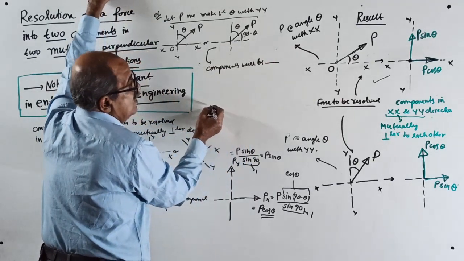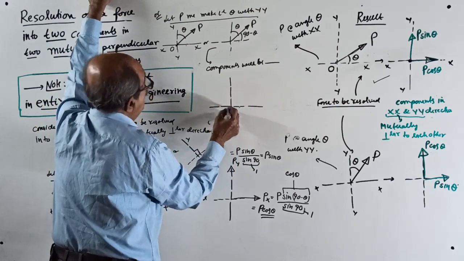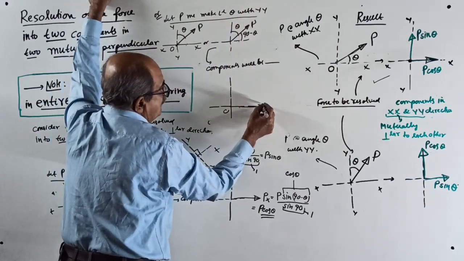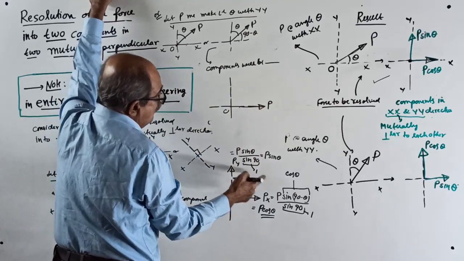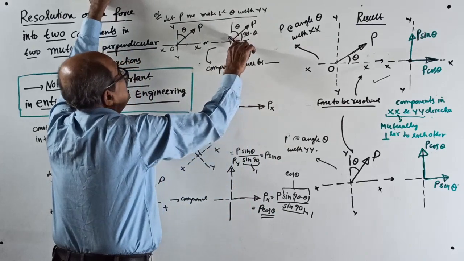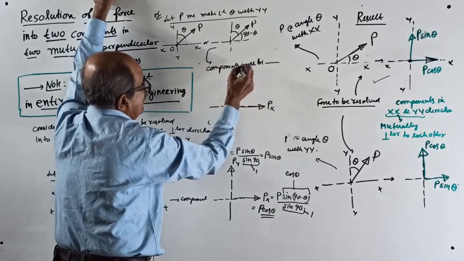See here. If the force is going this way, one component this way, instead of PO1 I will call it PX now. This is PY. If the force is this way, that all I will explain later for you, don't worry.